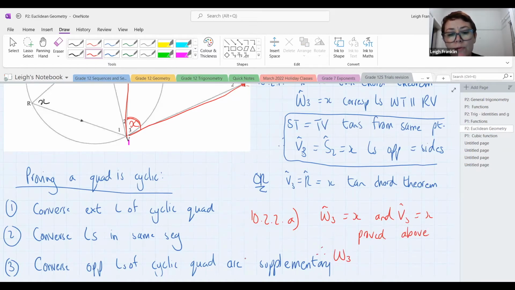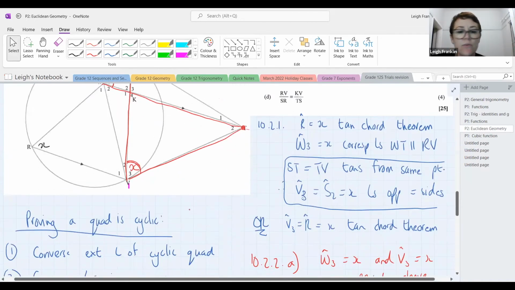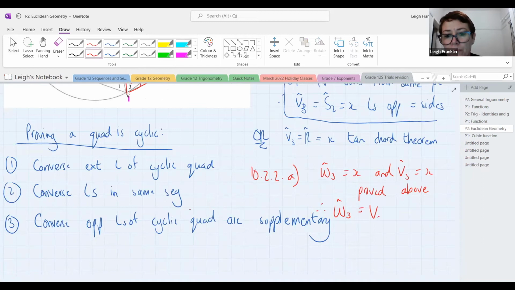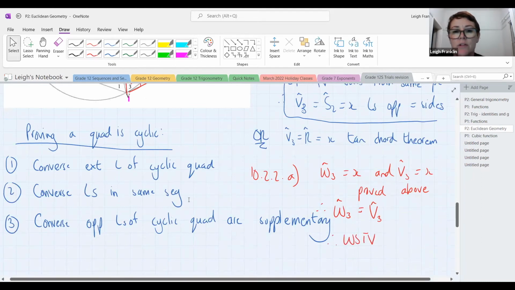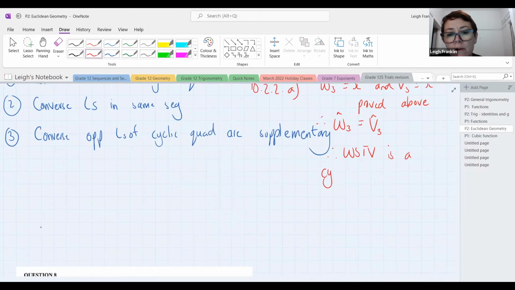Therefore, W3 equals V3. Therefore, WSTV is a cyclic quad. Converse angles in same segment.